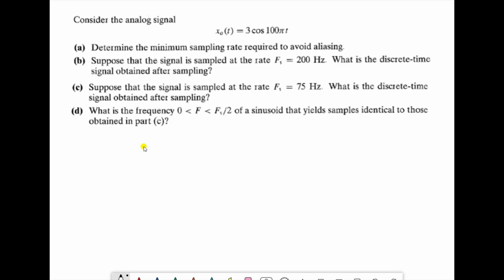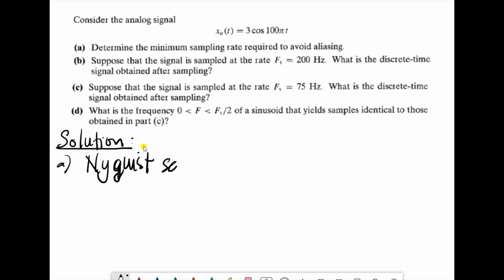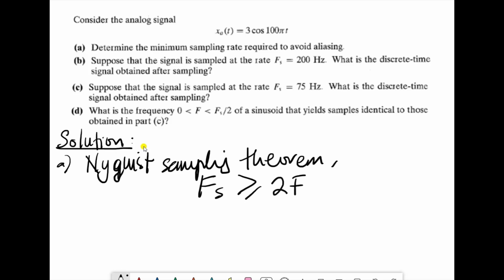So for A, solution: what is the minimum sampling rate required to avoid aliasing? To avoid aliasing, we need to know that the Nyquist sampling theorem says the sampling rate Fs must be equal to or bigger than 2 Fmax.